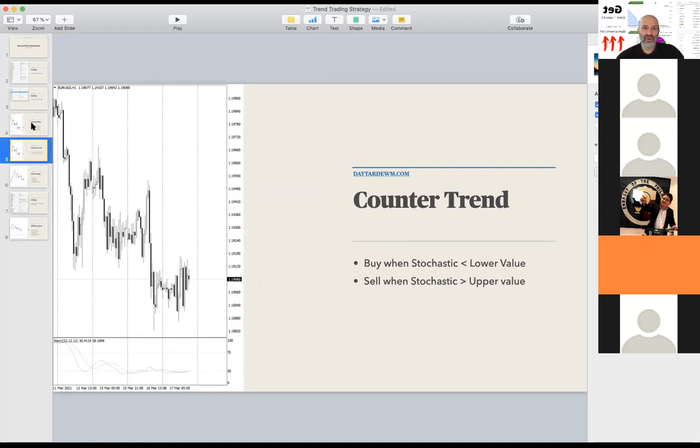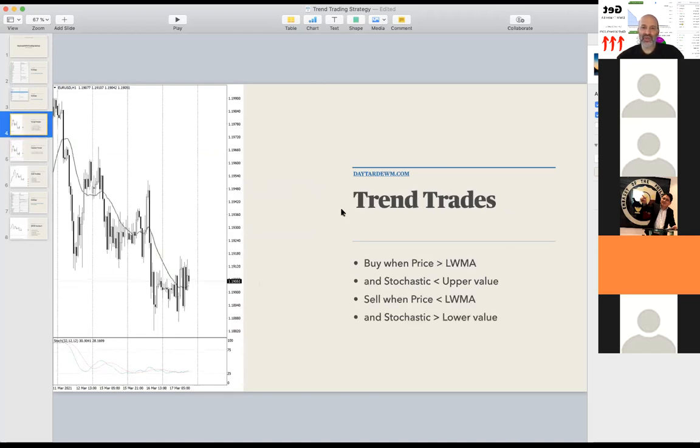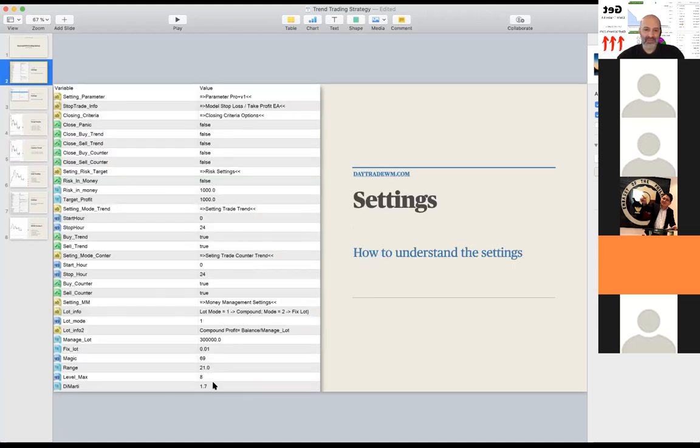Now, from my experience, the best strategy with counter trend, if you know what you are doing, is to use martingale. Okay, and the best strategy with trends, if you know what you are doing, is to use something called anti-martingale. What this means is simply like this.